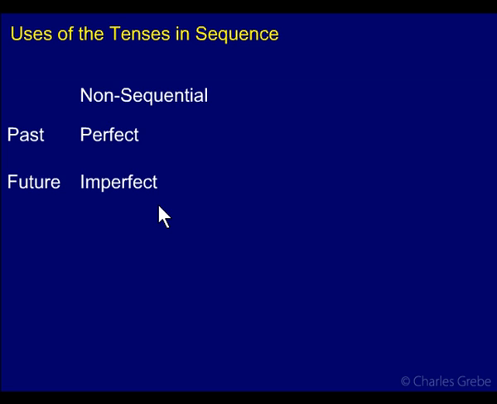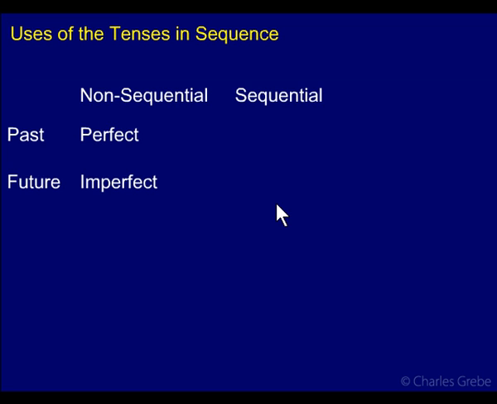It can be translated as a future, but also as a continuing action, like a habitual or a customary, and it can also be translated as a modal. But for the purposes of these sequences, let's first think about them as past and future. Because over here, I'm going to put our sequence tenses, and we have two of them, one for the past, one for the future. So we want to line it up this way.